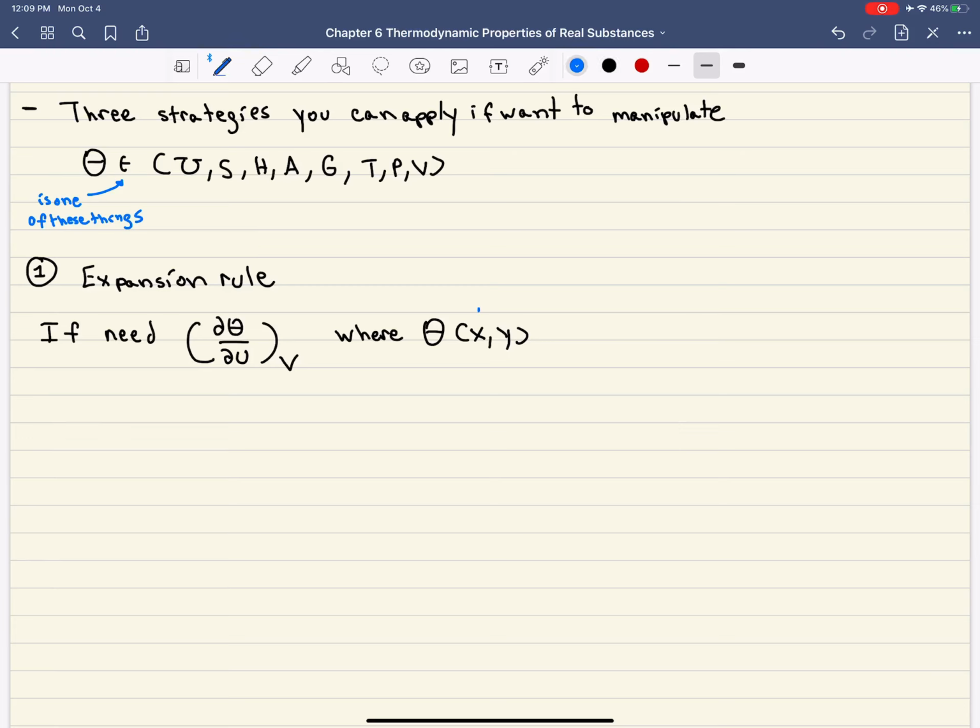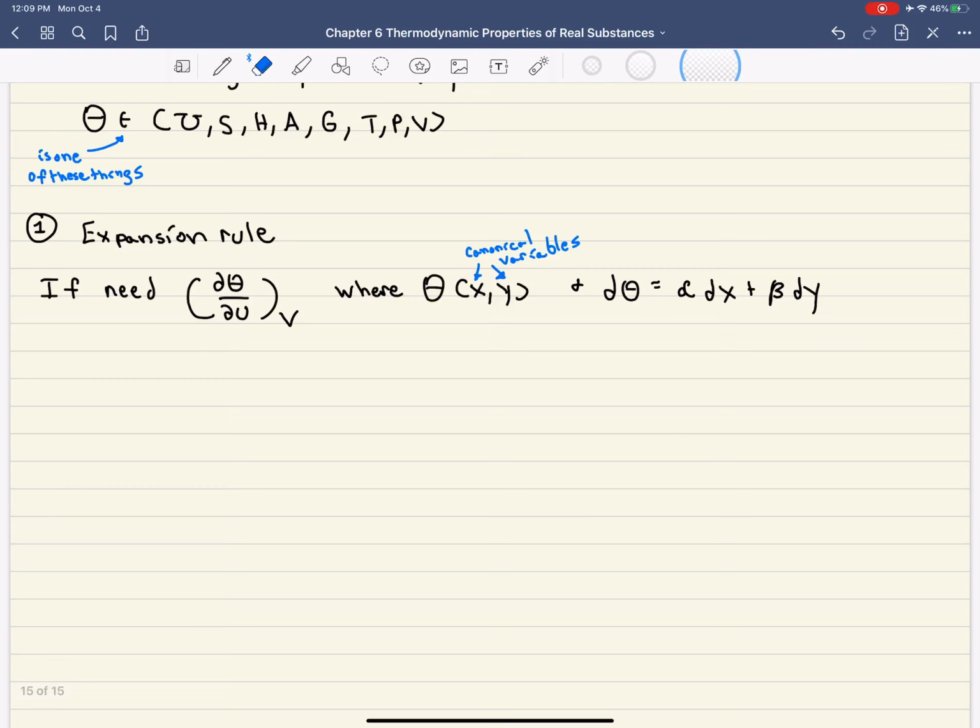Let's say x and y were your canonical variables, and as a result, the total derivative of theta was in this form, with the term at constant y, and then the one for y.